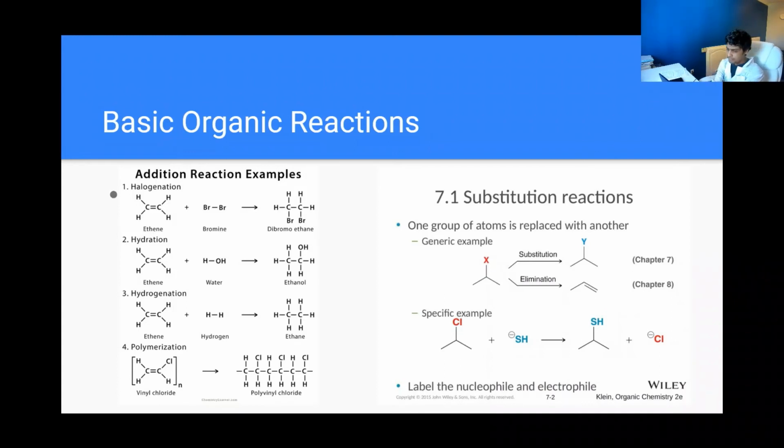And then one interesting thing about addition reactions is that, let's say you have this molecule over here, my cursor is pointing over here. And if you react with hydrobromic acid or water in acidic solution, where will the bromine atom go? Will it go here or here?